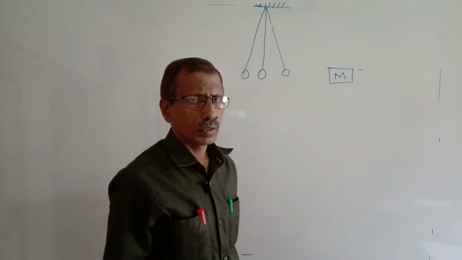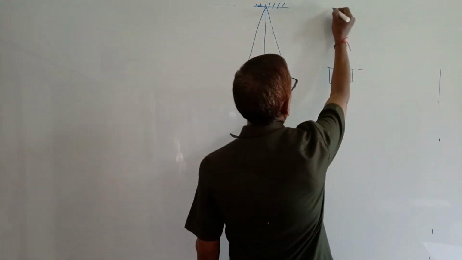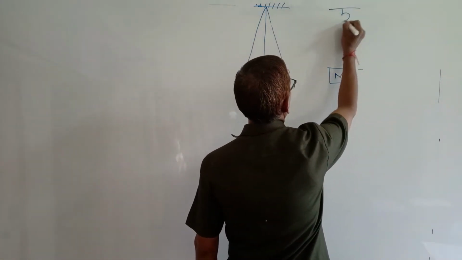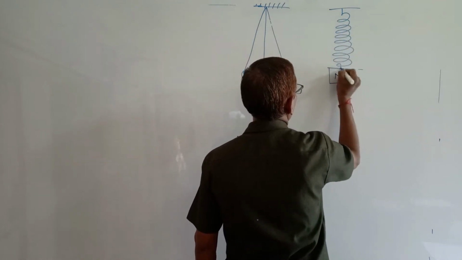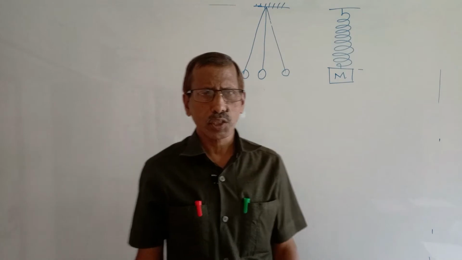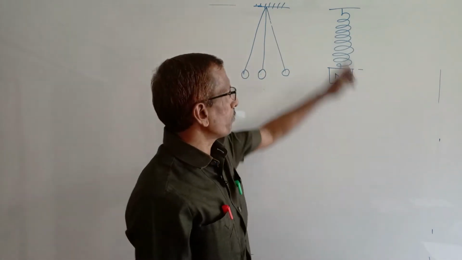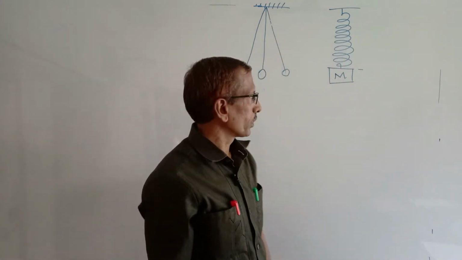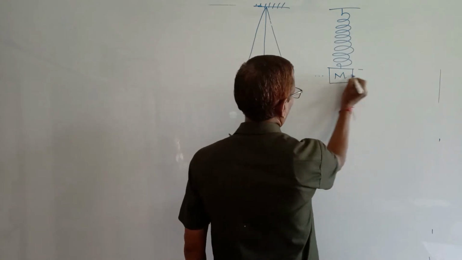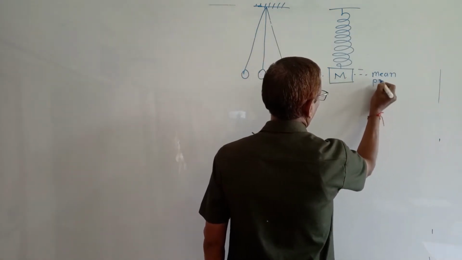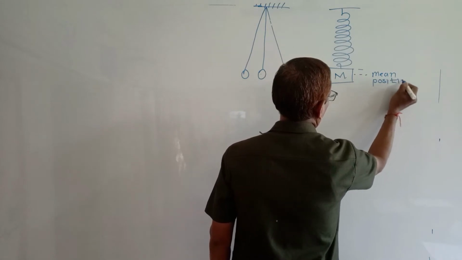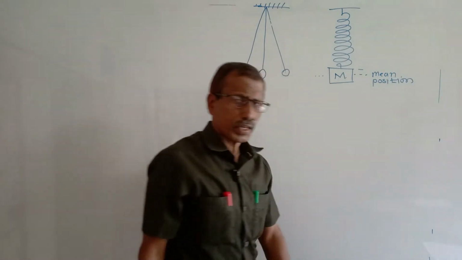This block is suspended by means of a spring from the rigid support. This is the mean position or equilibrium position.